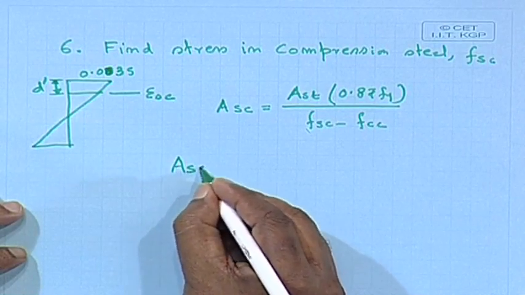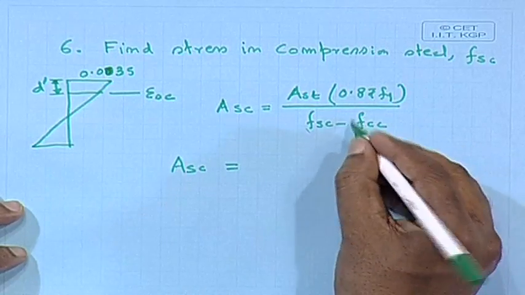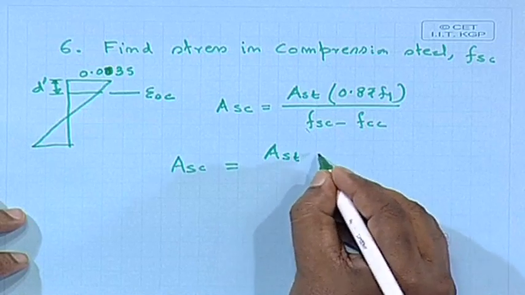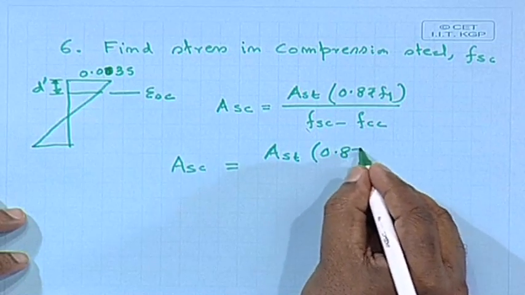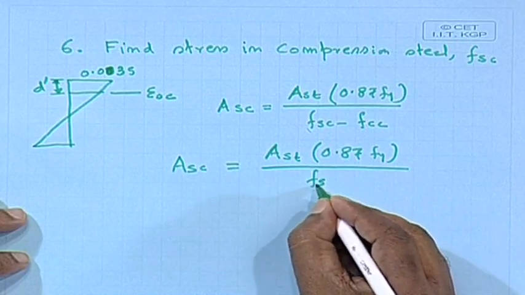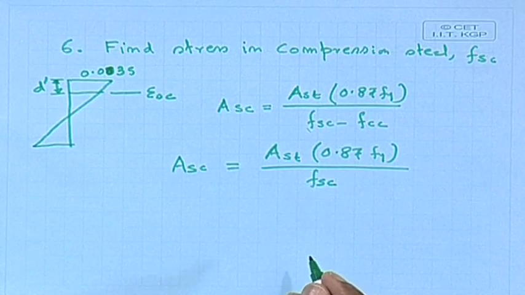In another way, our code says that there is no need of taking it, you can simply ignore this FCC. So, we can write ASC as AST2 times 0.87 Fy divided by FSC. So, we know AST now and we can get ASC also.